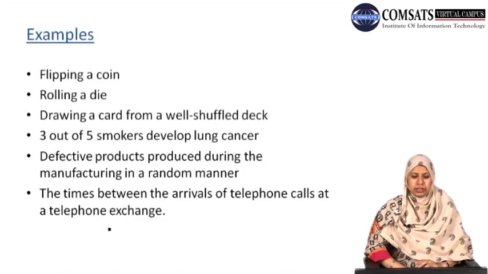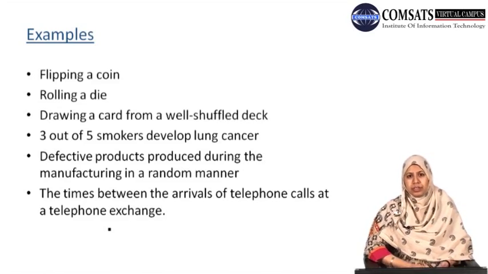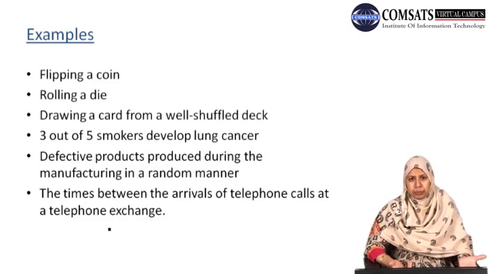Another example is defective products produced during manufacturing in a random manner. You are manufacturing some product and there are many chances. For example, you are manufacturing nails. There are many chances that the nails or the common pins which are manufactured are defective. They are not in proper use. They cannot be used properly.